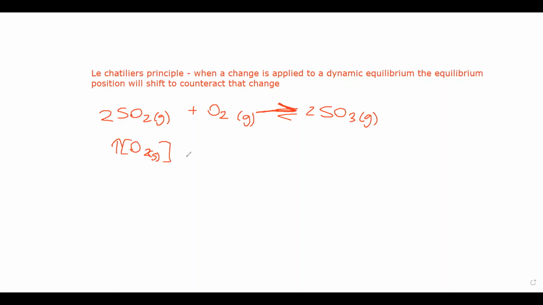and so increasing the concentration of oxygen favors the right-hand side. So if we're to write that up, we can say increasing the concentration of O2 favors the right-hand side of the equilibrium. It shifts the equilibrium to the right-hand side. We can say that that is because SO2 is now more likely to collide with O2.